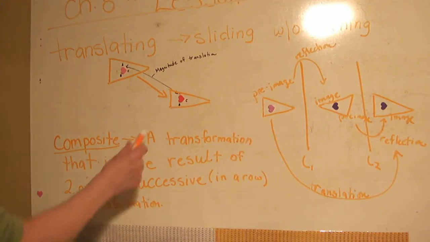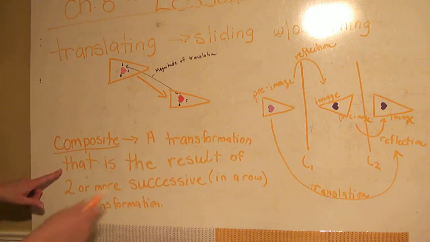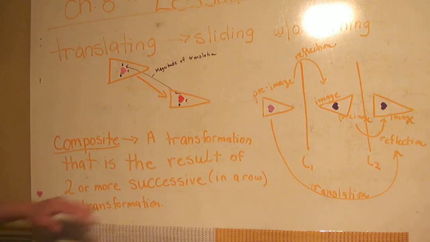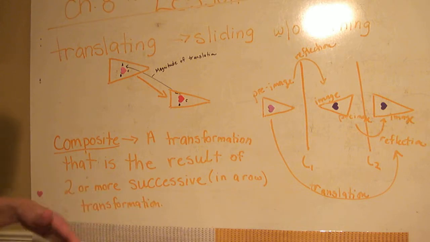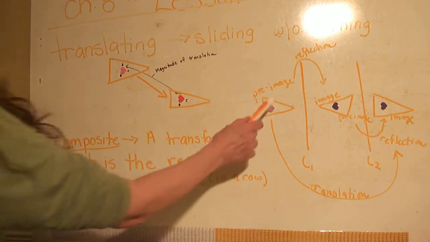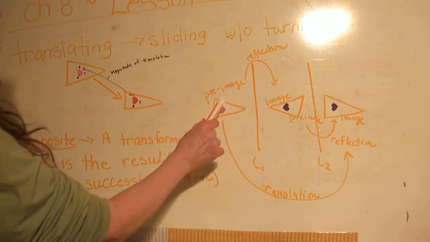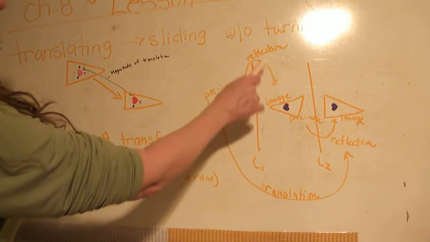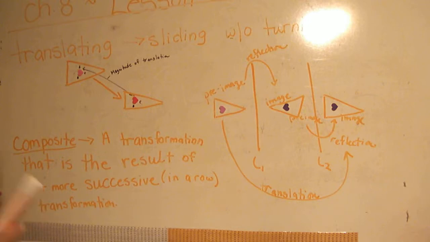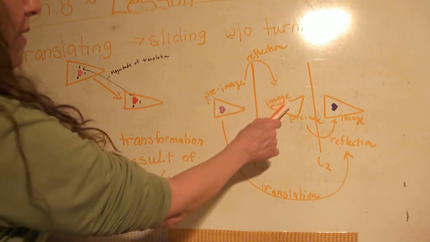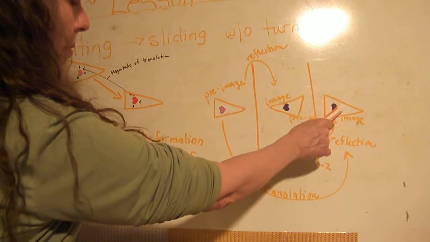A composite is a transformation that's the result of two or more successive, which means in a row, transformations. So here we had a reflection from here to here. A reflection is a transformation that's an isometry. And then we have another reflection from here to there.